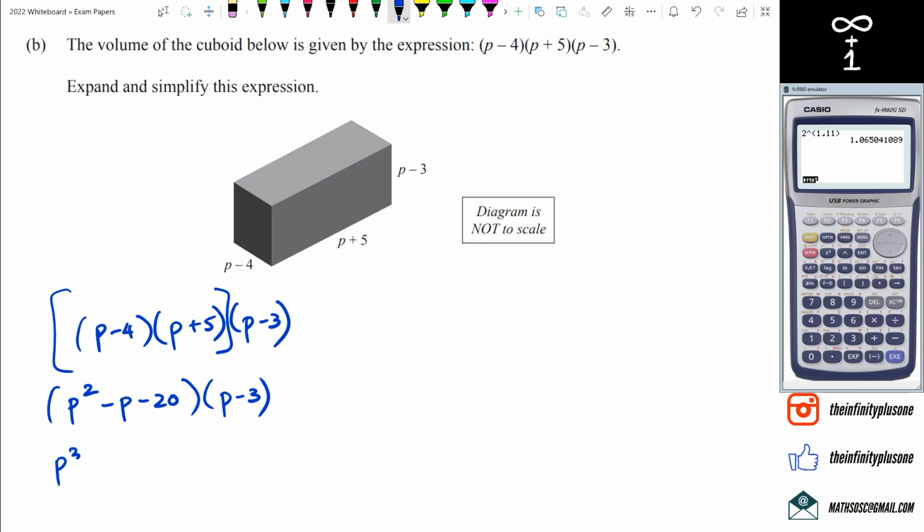So I'm going to get P cubed minus 3P squared plus P squared minus 3P plus 20P minus 60. Have I made a mistake somewhere? Oh, that should be plus. No, that whole thing is not going to be changed. Okay, so that's going to be plus P squared. That's going to be minus 3P. Hopefully that's right. So we got P cubed minus 2P squared minus 23P plus 60.